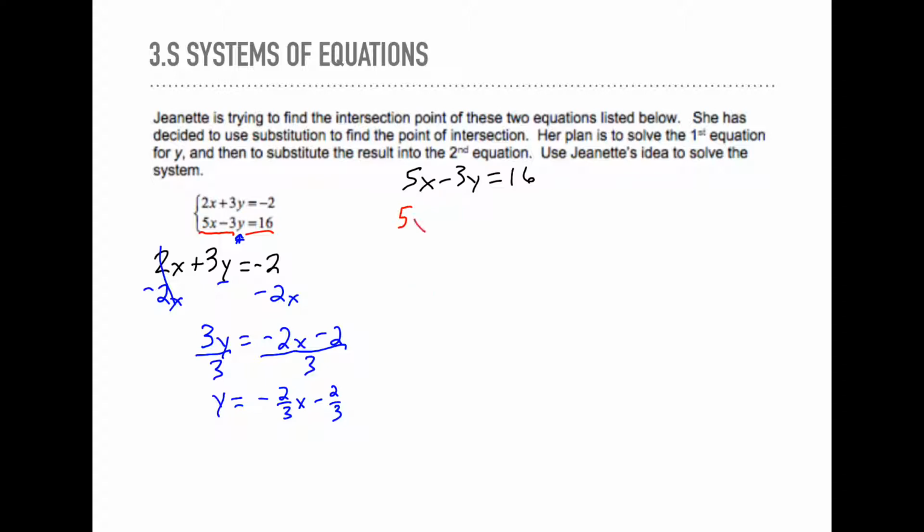Again, I want to rewrite it, 5x minus 3, but instead of writing y, I want to write what y is equal to, which is negative 2/3 x minus 2/3, and then set that equal to 16.